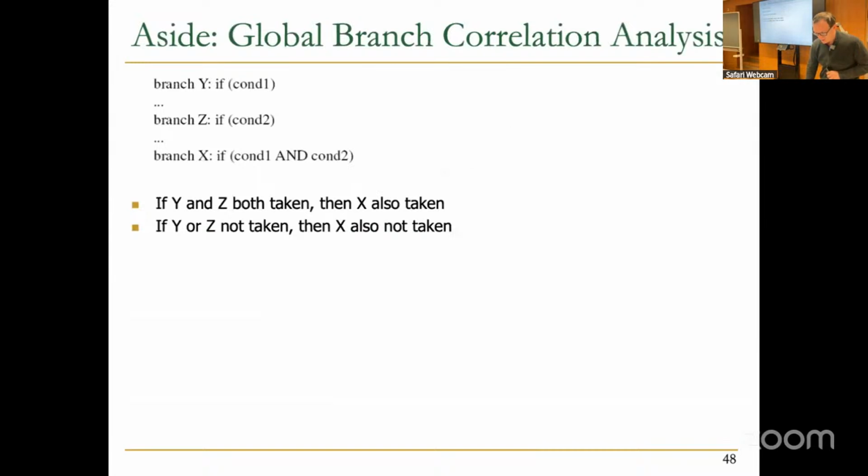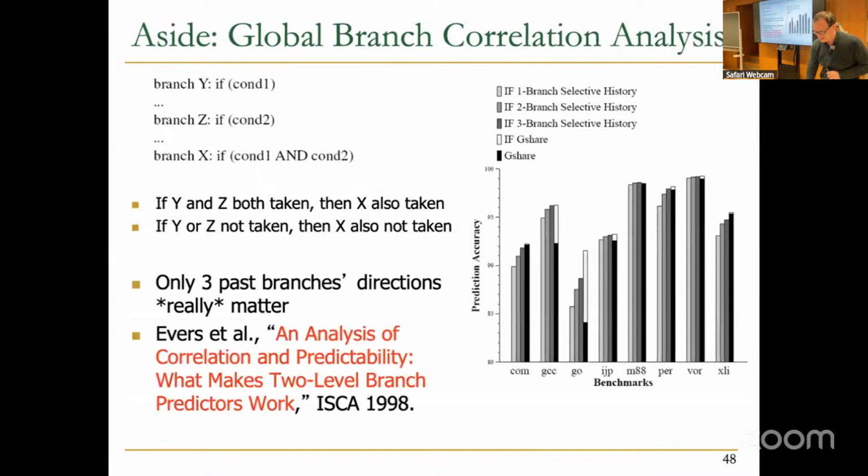Okay, so why do we do this? Actually, people have analyzed this. This is a beautiful paper that looks at the predictability of global branch. So clearly, it takes a global predictor. You could implement a local predictor next to it, but I will not talk about that, though we'll talk about the loop predictor soon. But there's this paper that looked at a lot of programs at the time, and tried to figure out which branches really matter. So you may have a 1024-bit history going back 1024 branches.